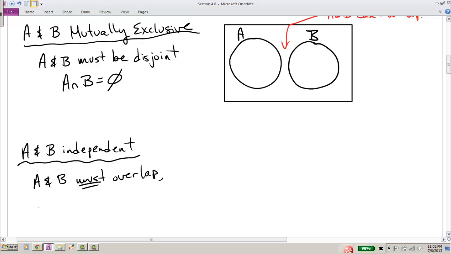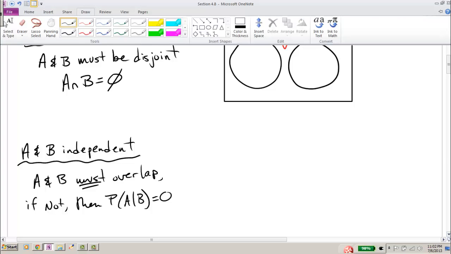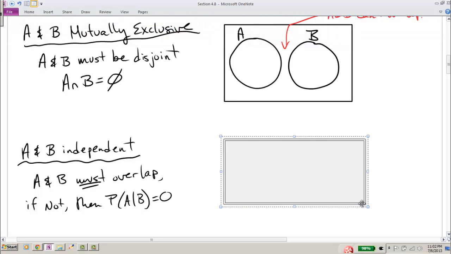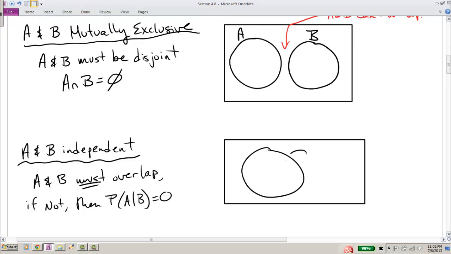And the reason is because if not, then that would force the probability of A given B to be 0, right? And so if B is an actual event that has some probability of happening, its probability wouldn't be 0, and likewise for A. So their Venn diagram must allow for an intersection.